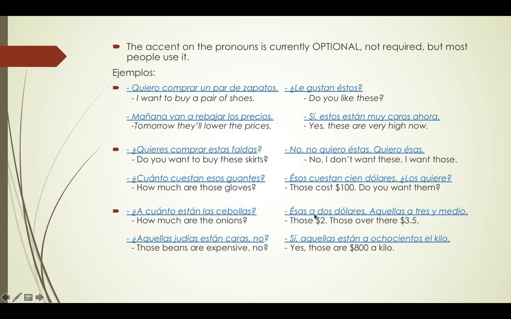Así que aquellas o esas, because the seller, the vendor, is pointing also at the onions. Y aquellas judías están caras, ¿no? So those beans are expensive, right? Right now. Sí, están a 800 el kilo. Yes, those are 800 a kilo.